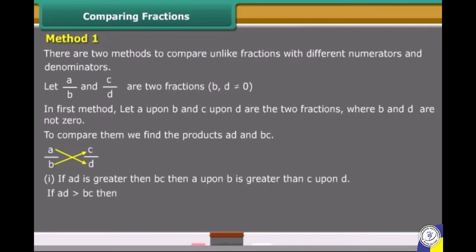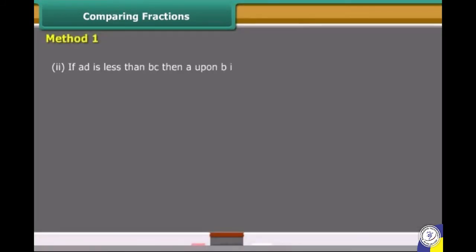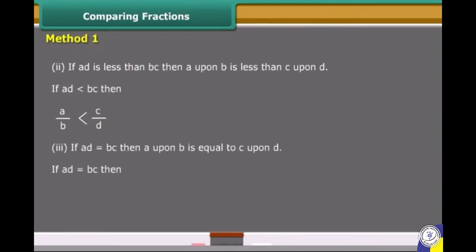If AD is greater than BC, then A upon B is greater than C upon D. 2. If AD is less than BC, then A upon B is less than C upon D. 3. If AD is equal to BC, then A upon B is equal to C upon D.